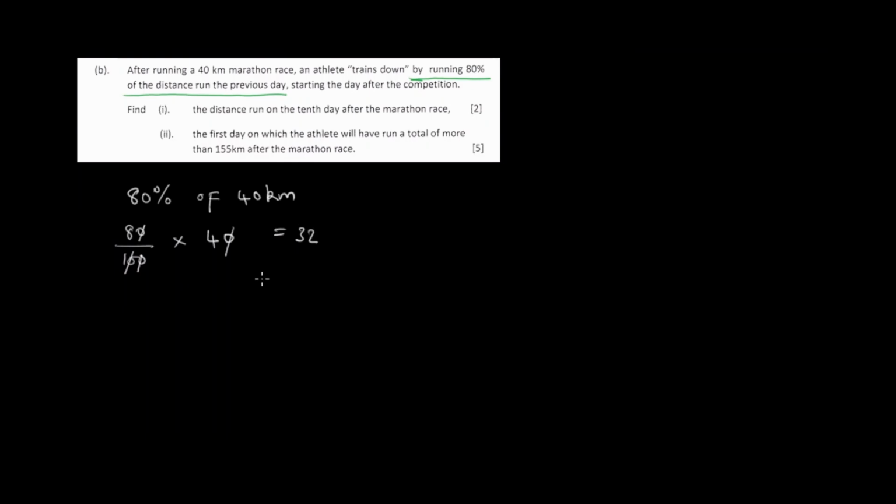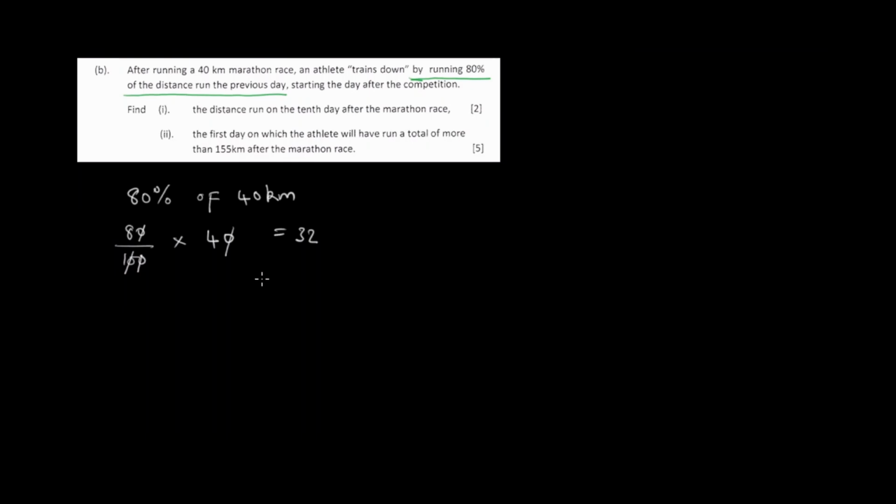When he starts running down, he runs 80% of the distance run the previous day, starting the day after the competition. So he did the competition, 40 kilometers. The next day he runs 80% of the 40 kilometers, which is 32.